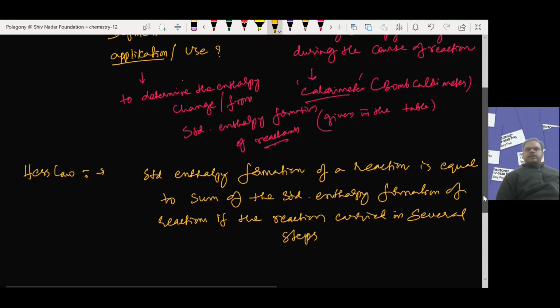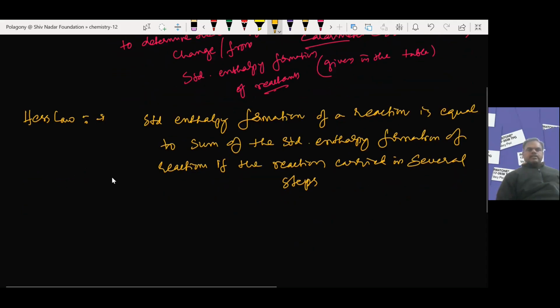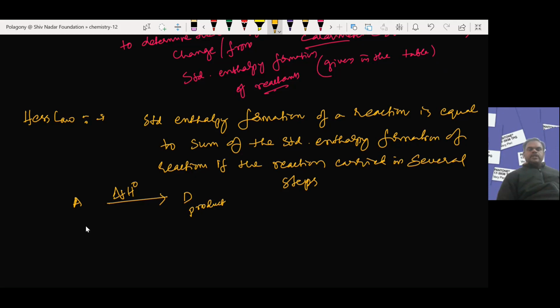Let us discuss Hess's law in detail. For example, A is the reactant that can transform into D, the product. During this change of A to D, a standard enthalpy of formation change takes place. The same reaction occurs in two steps.